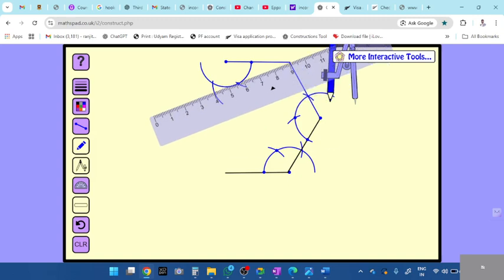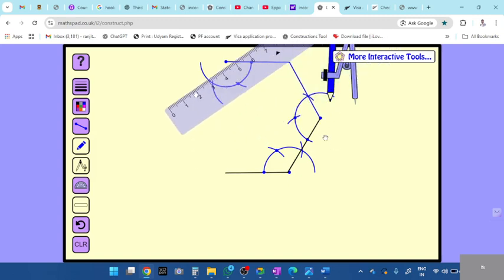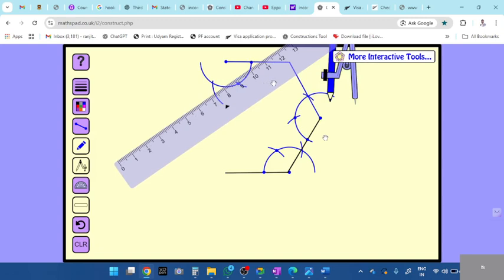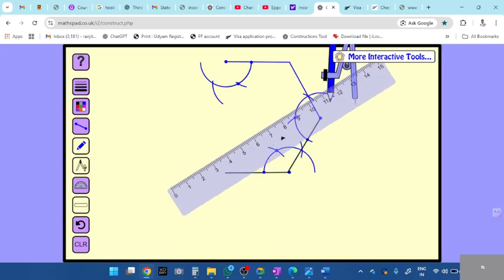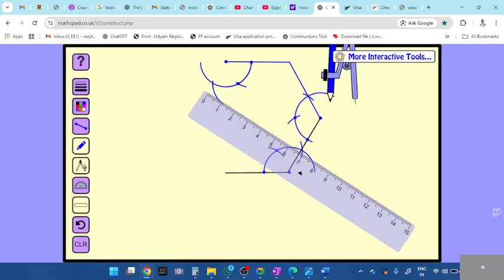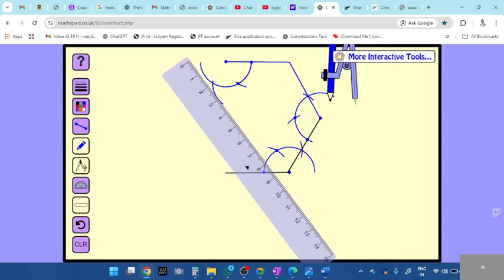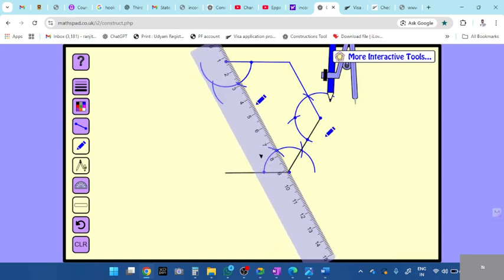Yes, students completed. Can you see we got 120? All of you. Minimum at least four constructions should be done. If not, you won't get a perfect value.